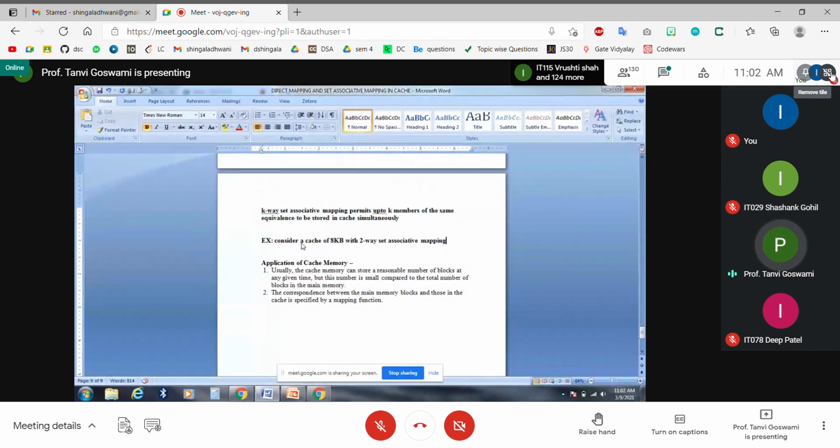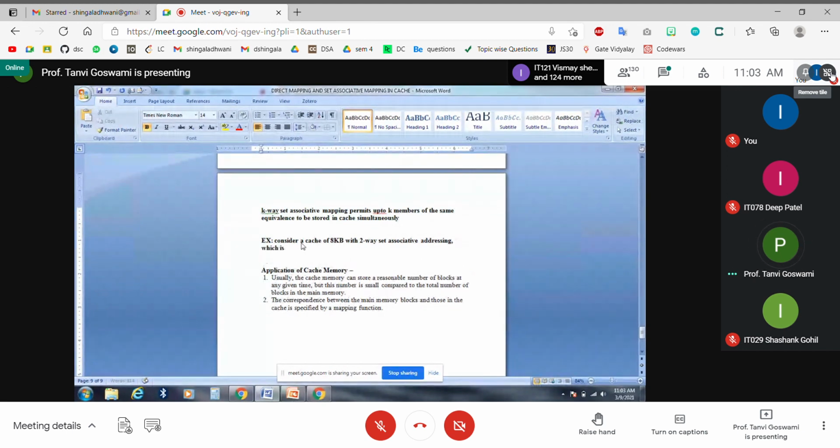So the entire size of the cache is divided into two parts. Each part is of 4 KB. So for two-way set associative, instead of mapping, I would write addressing, which is intended for a 32-bit processor.